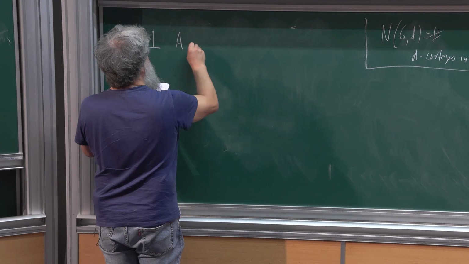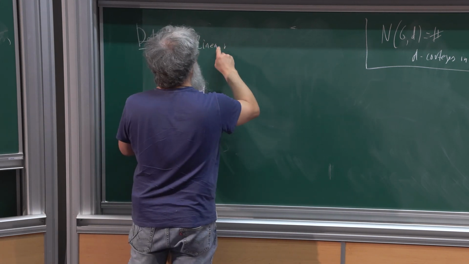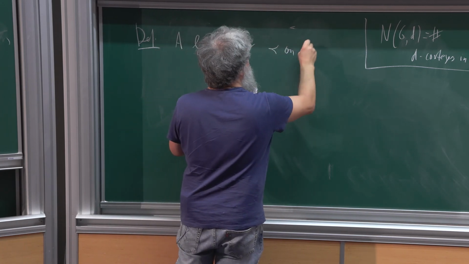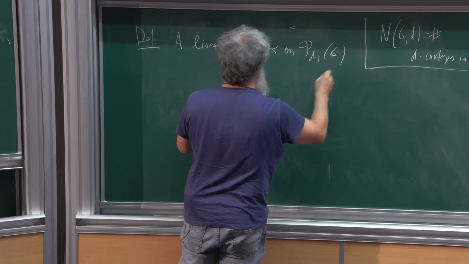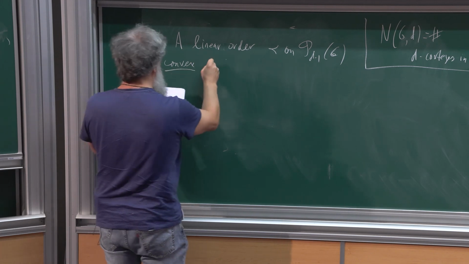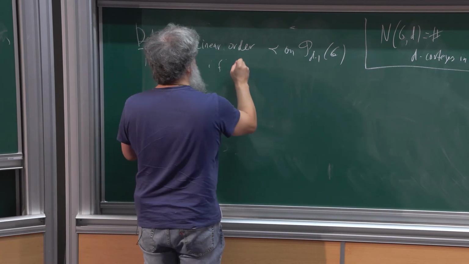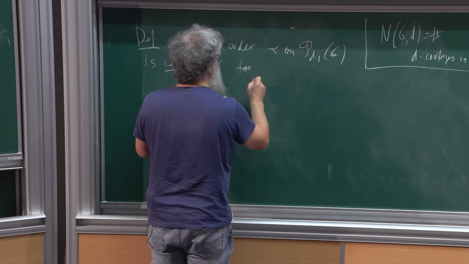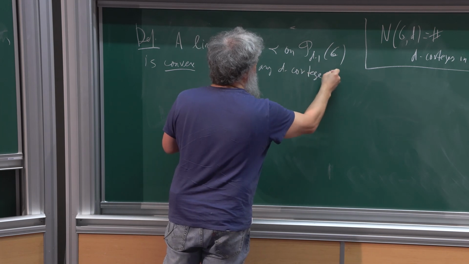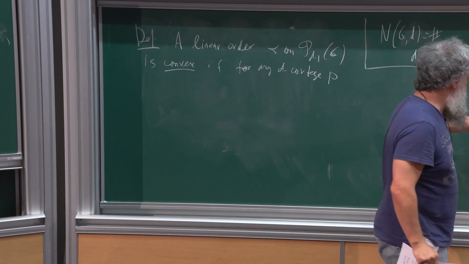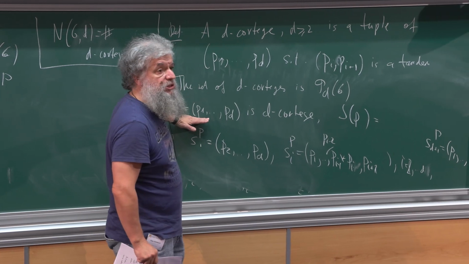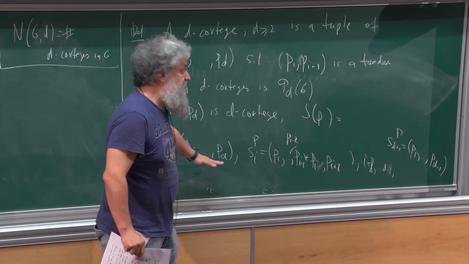So a linear order on P d minus 1 of G is convex if for any d-Cartège P, and I have to notice the trivial fact that if we start from a d-Cartège, then the sequence consists of d minus 1 Cartèges.